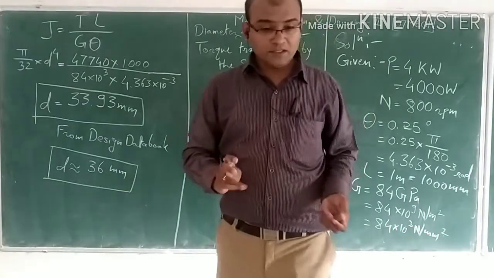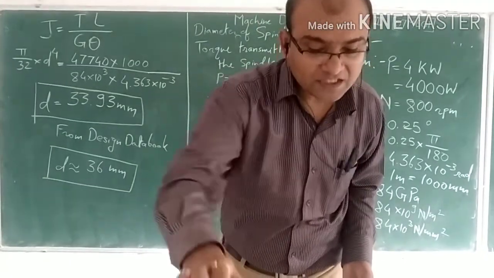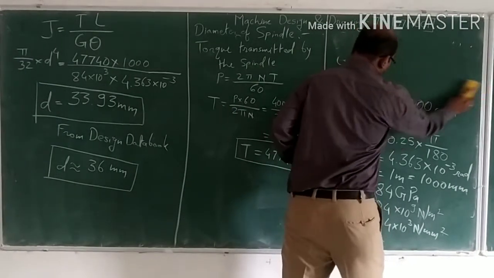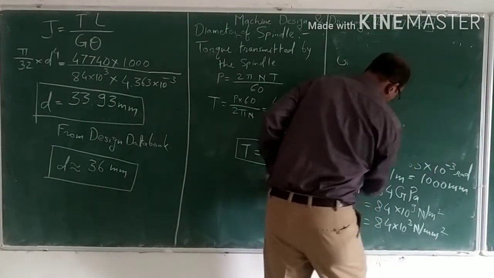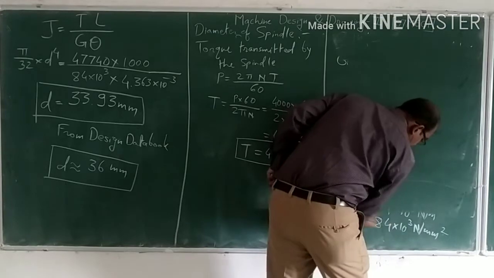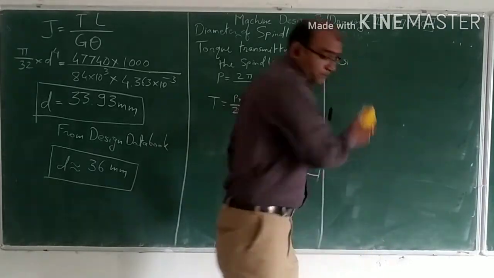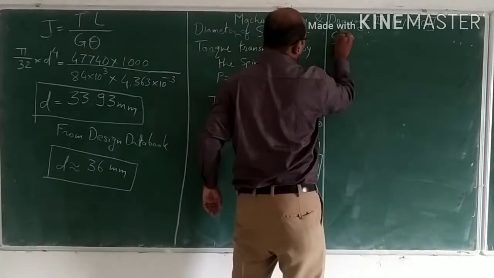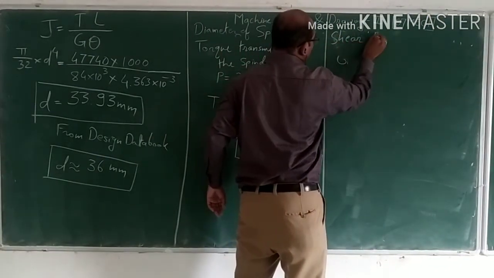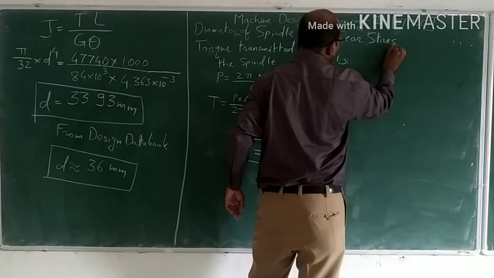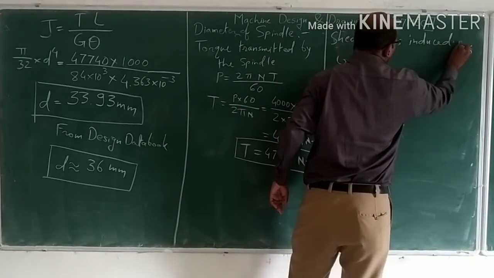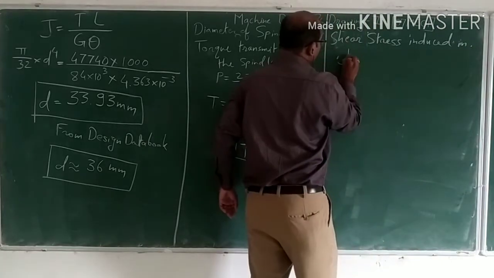Then what is the remaining one? The remaining one is the shear stress induced in the spindle. Shear stress induced in the spindle.